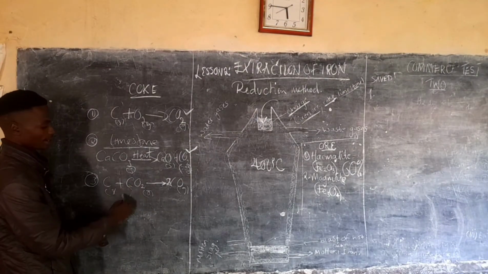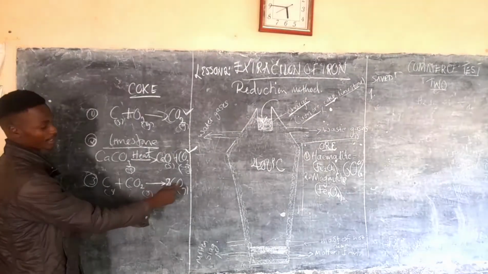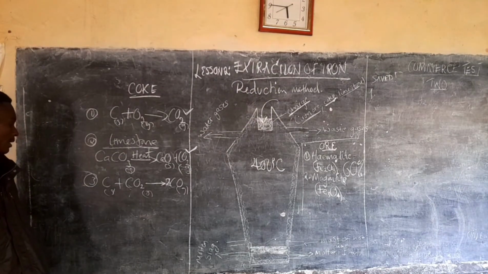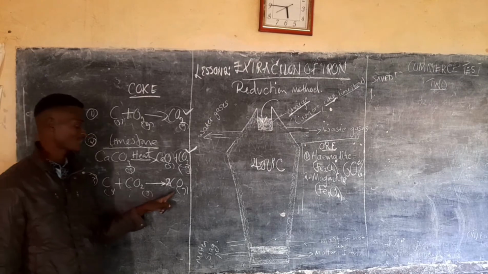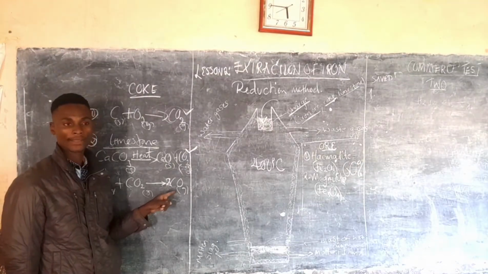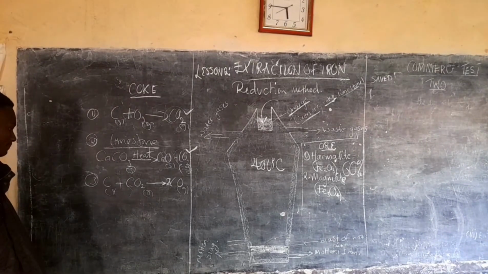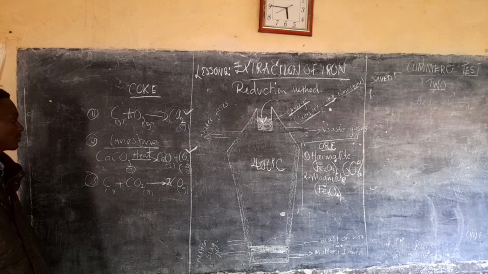Oxygen on the right hand side we have 2, and because of this coefficient, oxygen is also balanced. Now, what is produced is carbon monoxide, mono, not di.